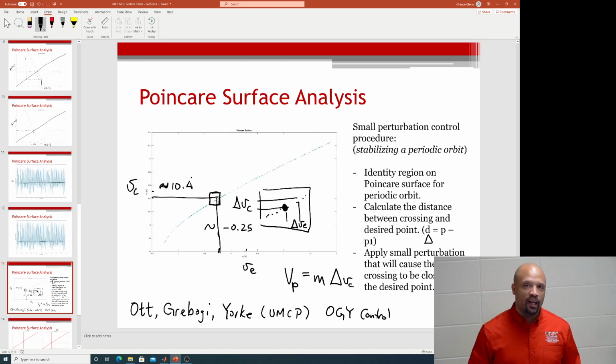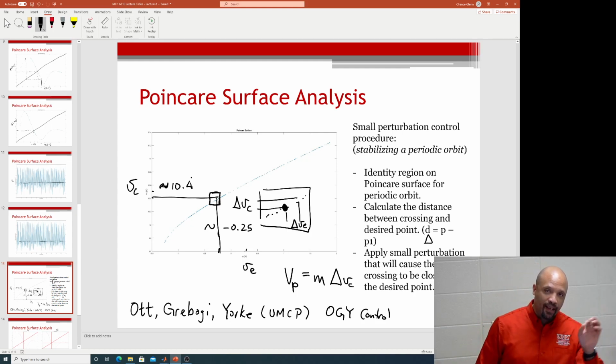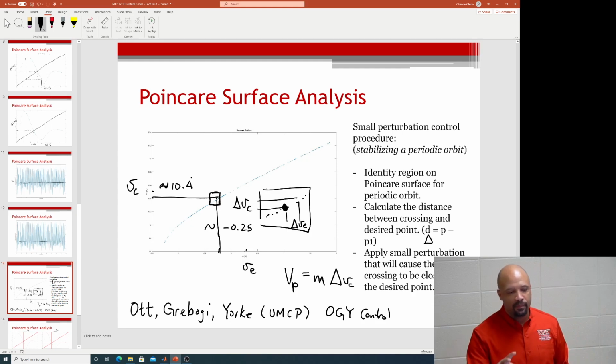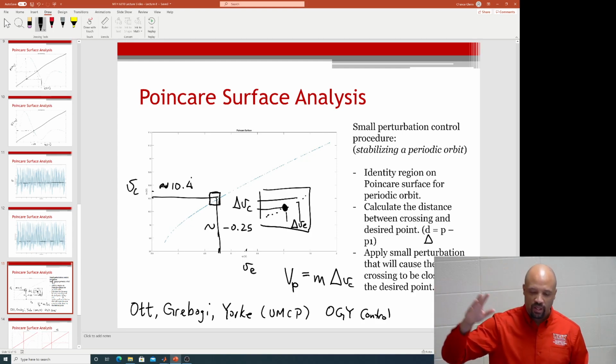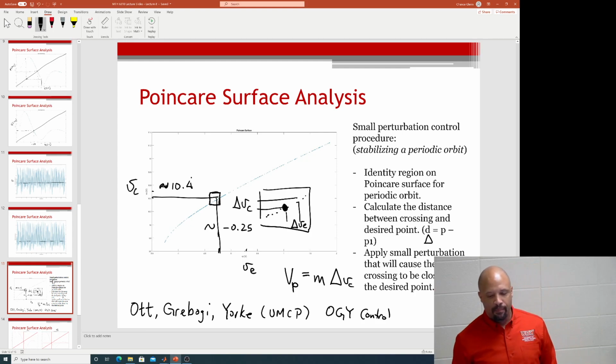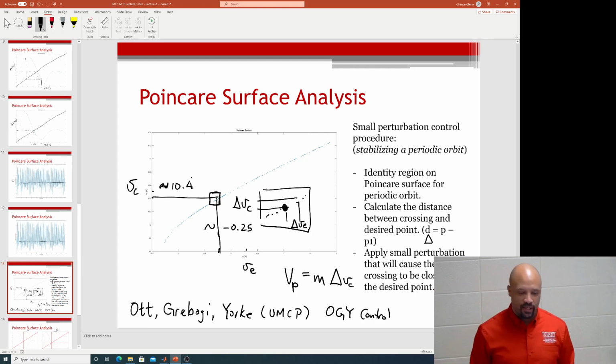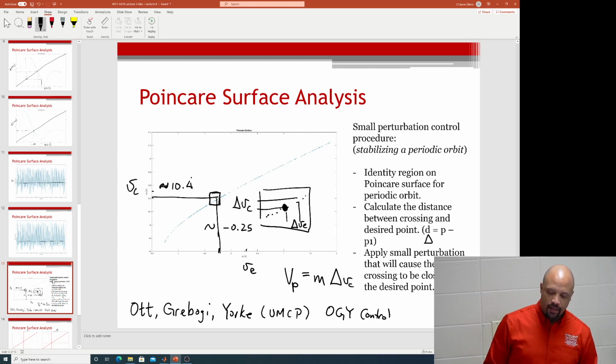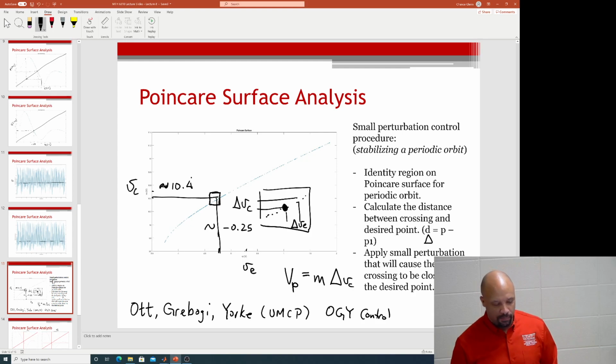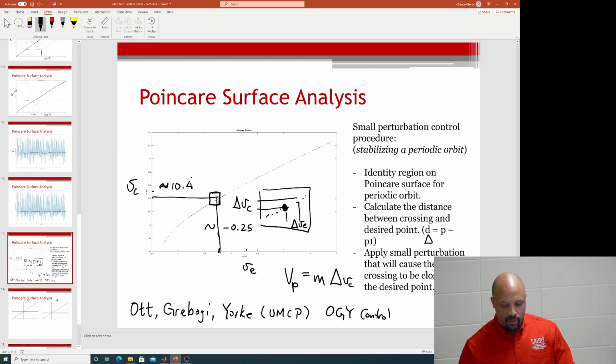There's actually a more elegant procedure to determine exactly, and that way you can optimize control, optimize how much energy or power you have to use to keep it under control. There are ways to do that, which I didn't get into. And then we're going to talk more about symbolic dynamics. We're going to talk about synchronization, and then we'll get more interesting.